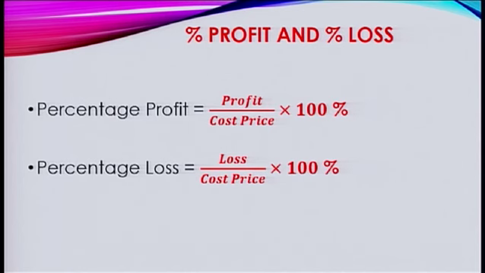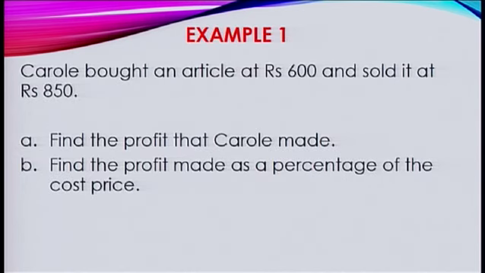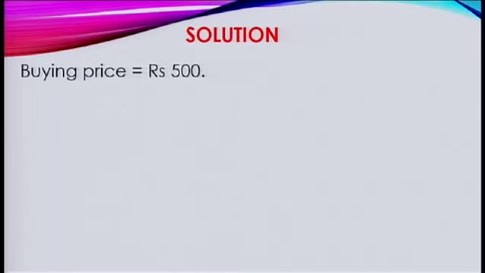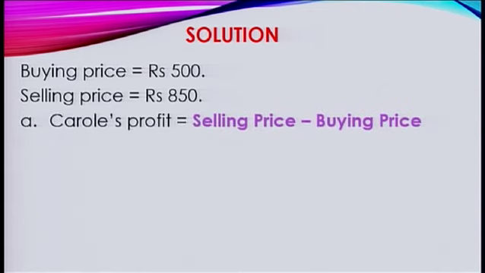Let's take an example. Carol bought an article for 500 rupees and sold it at 850 rupees. Part A, find the profit that Carol made. And part B, find the profit made as a percentage of the cost price. How do we do that? Well, you know that the buying price is 500 rupees. The selling price, 850 rupees. So for part A, Carol's profit will be selling price minus the buying price.